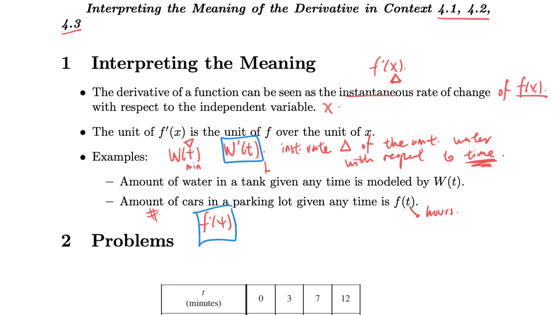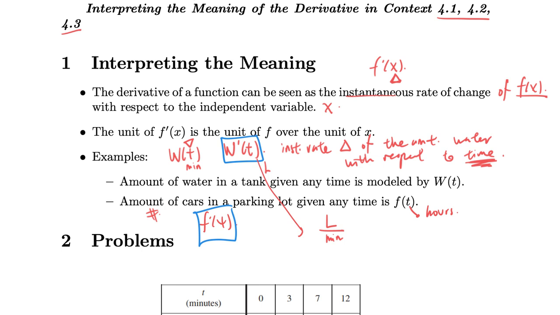So W prime of t, its unit is the unit of f over the unit of x. So its unit should be the unit of W, which is liters, per the unit of the independent variable t, which is minutes. So the unit of W prime of t is liters per minute.